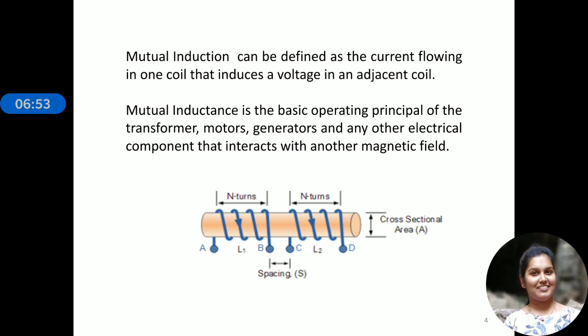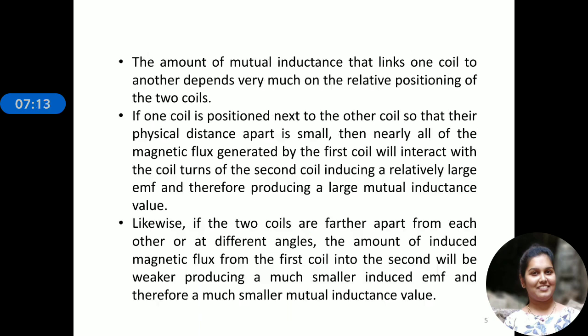So the amount of mutual inductance that links one coil to the other coil depends very much on the relative positioning of the two coils. How much mutual inductance is developed in the secondary coil depends on the placement of the two coils.